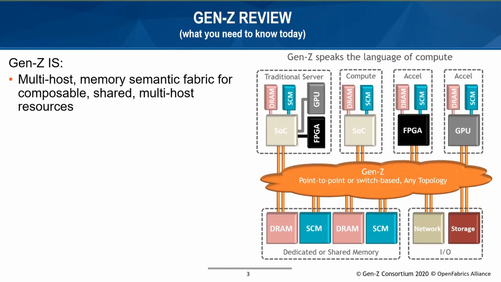It can compose disaggregated resources into virtual platforms. It can expand simple compute nodes with additional memory or additional storage, networking, or accelerators. It can make those things private or shared because they're located on the fabric. And it can connect these things in any topology. You can use mesh topology, star topology, or a ring or daisy chain topology. It's very, very flexible. Next slide, please.